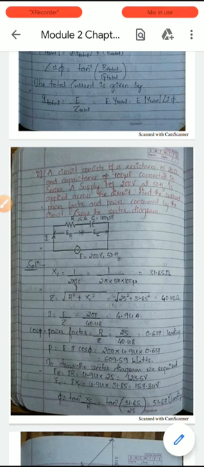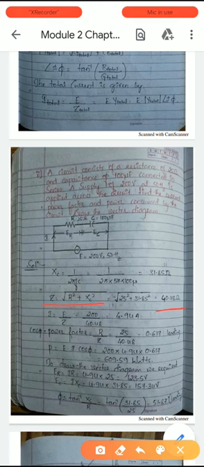Once we get the value of Xc and we know the value of R, we know that Z is equal to the square root of R square plus Xc square using Pythagoras theorem. Substituting the values of R and Xc, 25 square plus 31.85 square, and taking the square root, we get the impedance as 40.48 ohms.